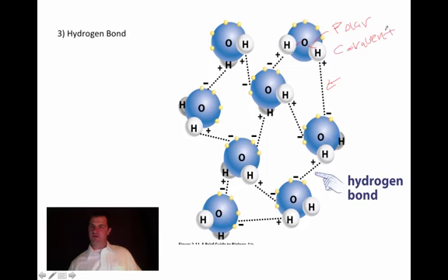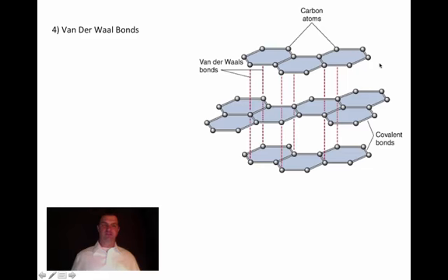And this bond here, which is a very weak bond between the slightly positive hydrogen on one molecule and the slightly negative oxygen on another, that is your hydrogen bond right there. There's an O in there. Okay? So that's your hydrogen bond.